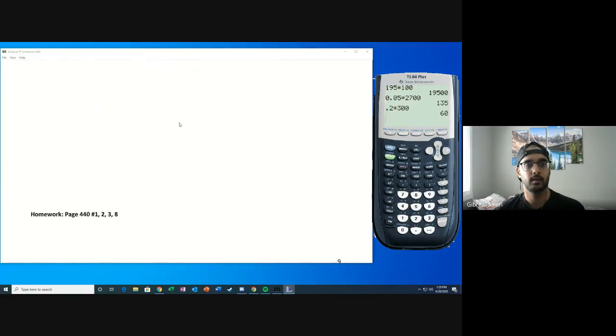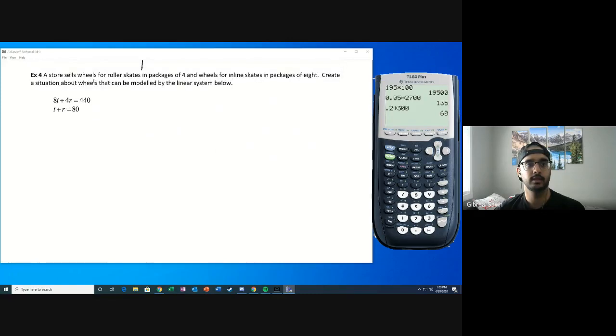Okay. One more on here. A store sells wheels for roller skates in packs of 4 and wheels for inline skates in packs of 8. Create a situation about wheels that could be modeled by the linear system below. Okay, so let's just define some variables first.